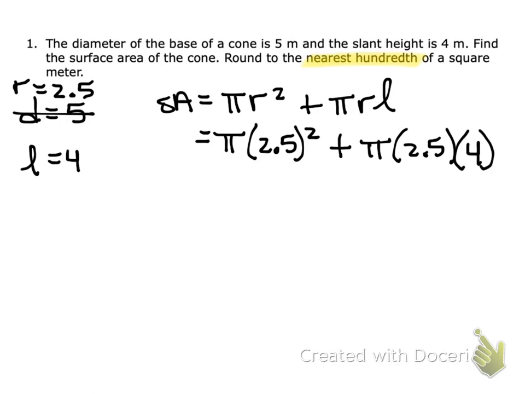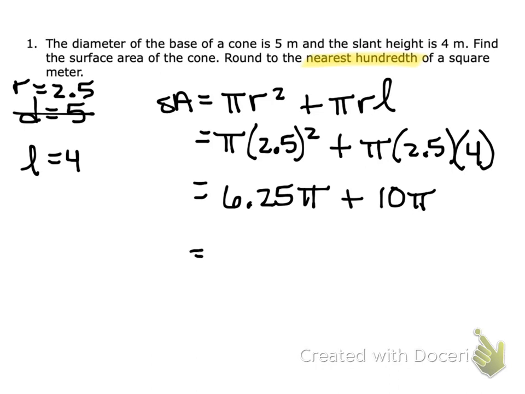Okay, so first thing we're going to do is deal with our numbers individually. So we're going to do 2.5 squared and get 6.25 pi. Plus, and we're going to do 2.5 times 4 and get 10 pi. Now, pi kind of functions like a variable in terms of like terms. If 2 numbers have a pi, we can add the 2 coefficients together.